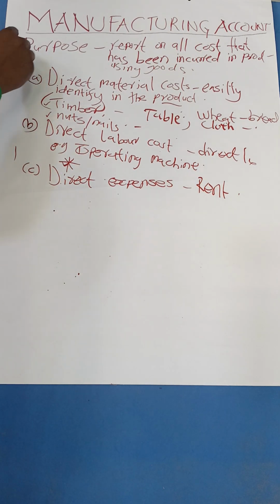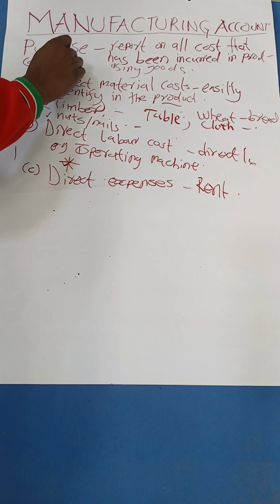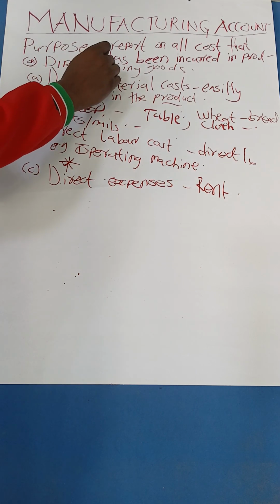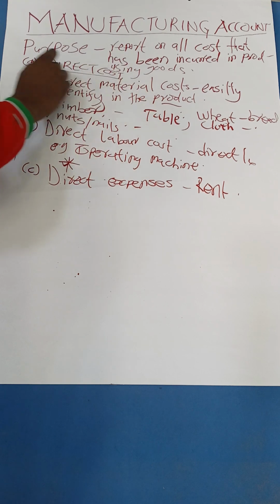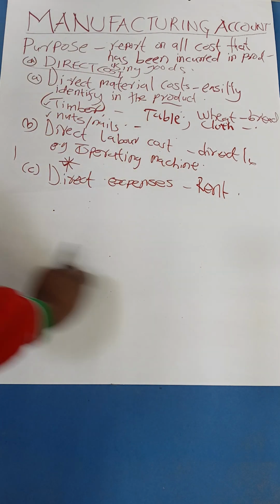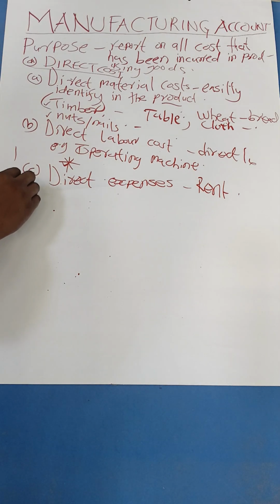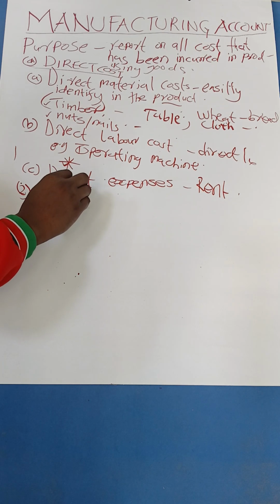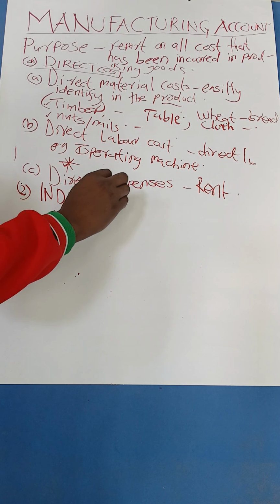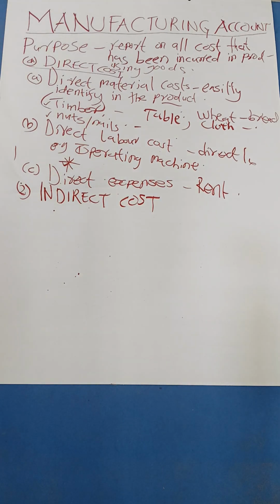We have seen direct material cost, direct labor cost, and direct expenses. Now let us see part B, part 2 on that. Let us see indirect cost.